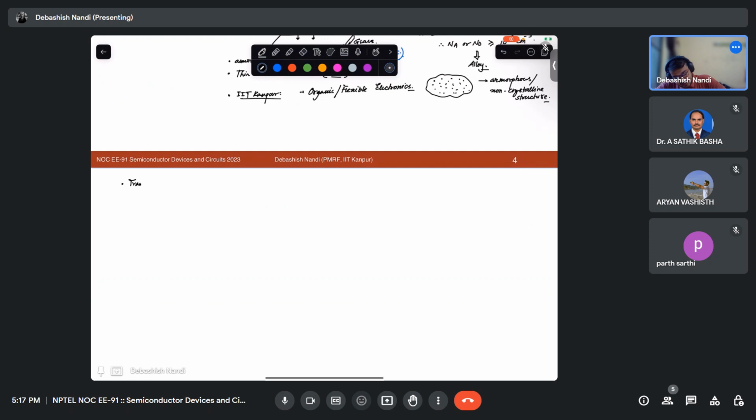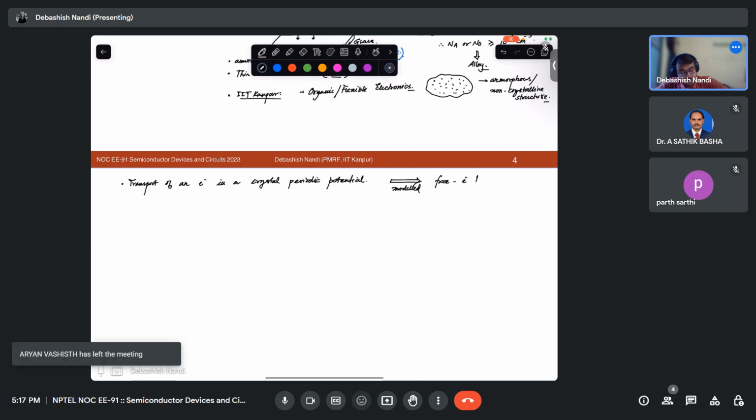The transport of an electron in a crystal periodic potential can be modeled by, or we did model it by, free electron transport, right?